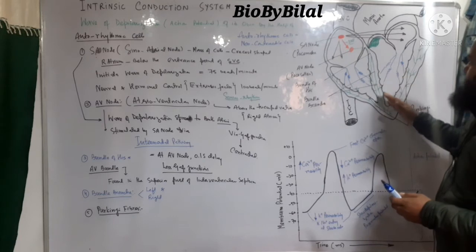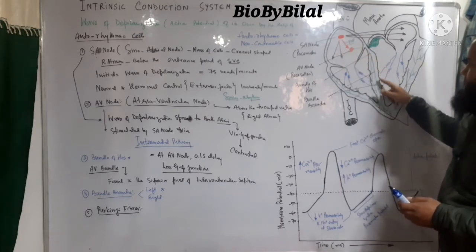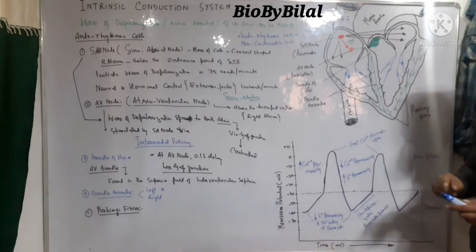The sequence of events takes place like this: from the SA node, then the AV node, then the bundle of His, then the bundle branches, and ultimately the Purkinje fibers.